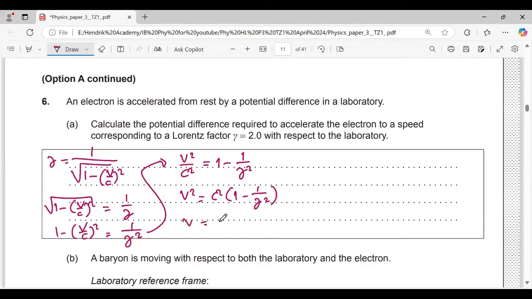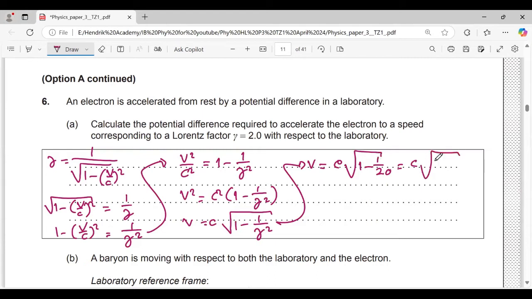Next, v equals c times square root of (1 minus 1 over gamma squared). Let's calculate v. So v equals c times square root of 1 minus 1 over 2.0 squared.